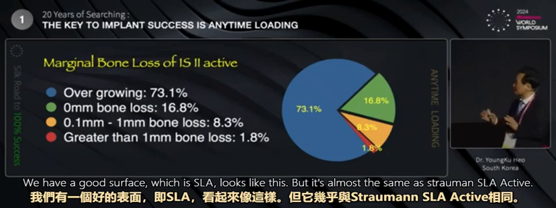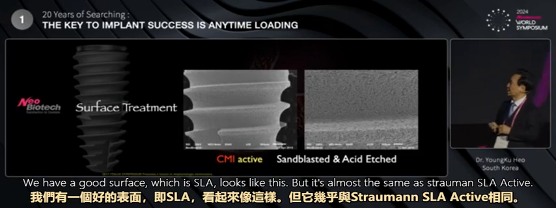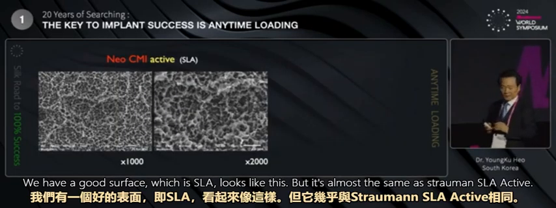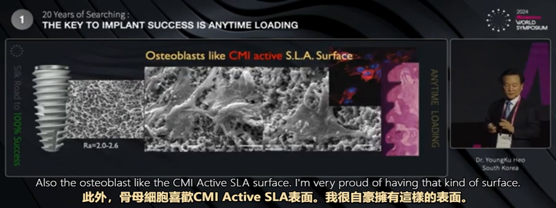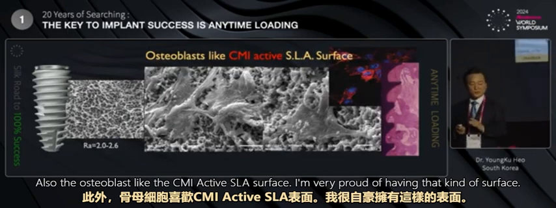And we have a good surface, which is SLA, which looks like this, but it's almost the same as Straumann SLActive. And also the osteoblast like the CMI SL surface. I'm very proud of having that kind of surface.